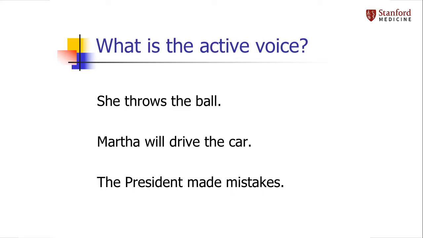In the active voice, the person or thing doing the action, what I'm going to call the agent, comes before the verb. And the thing being acted upon, what I'm going to call the recipient of the verb, for lack of better terminology, comes after the verb.